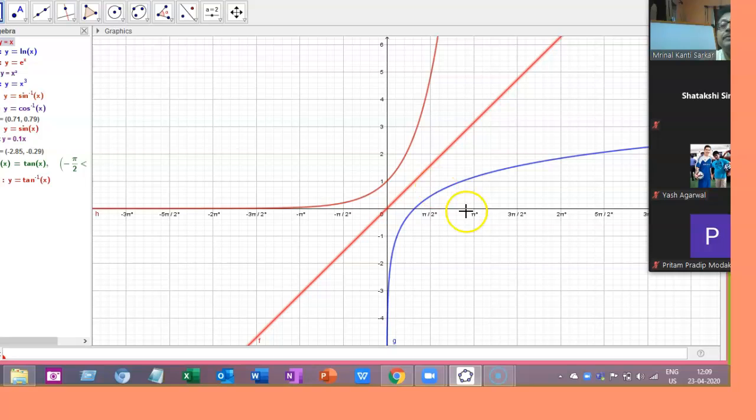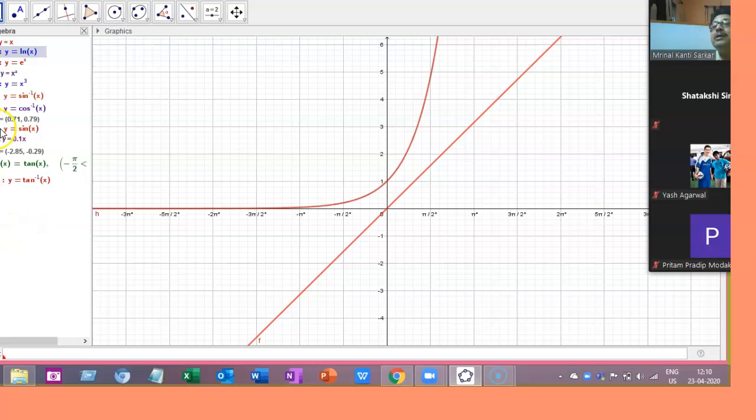So they are inverses of each other. All this you know. Now what I am going to tell you today: is there any solution of y equal to x and y equal to e to the power x? Your answer is definitely going to be no, because this time also they don't intersect. In fact, it happens that if the original function doesn't intersect y equal to x, its inverse will never intersect.